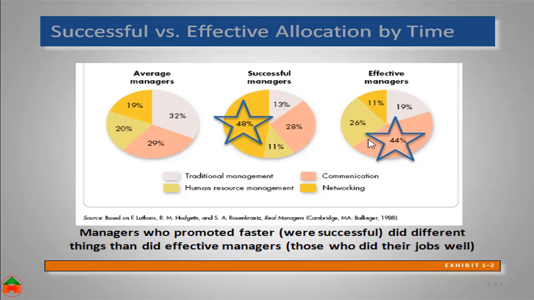We can see, as per the research study, the effective managers spend about 44% of their time on communication. But in case of successful managers, they spend time on networking. But if you want to be an average manager, then you are focusing on all aspects equally. But to be an effective manager, focus on communication.